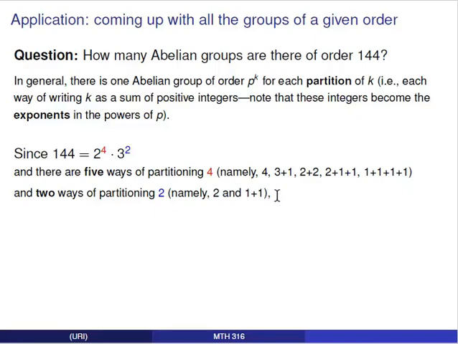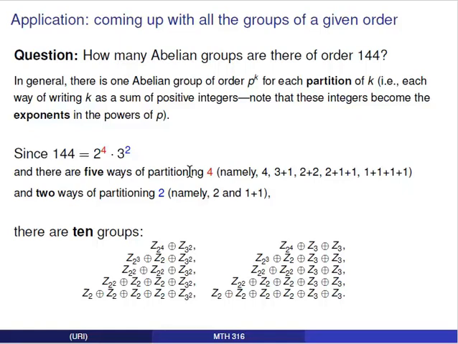Now, for these ways of writing 4 and 2, I'm going to build my factors, my ways of breaking 144 up accordingly. We'll end up with 10 different finite abelian groups. 10 is 5 times 2, and you'll notice that each of these groups corresponds to a choice of one of these partitions of 4 and one of these partitions of 2, and we'll remember that the 4 is the exponent on the 2, and the 2 was the exponent on the 3.